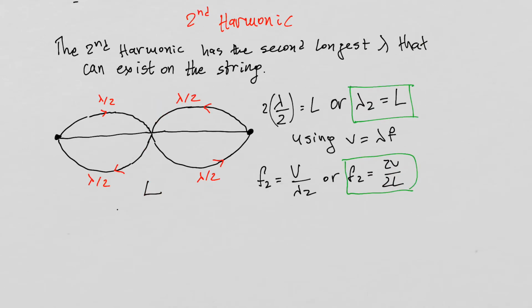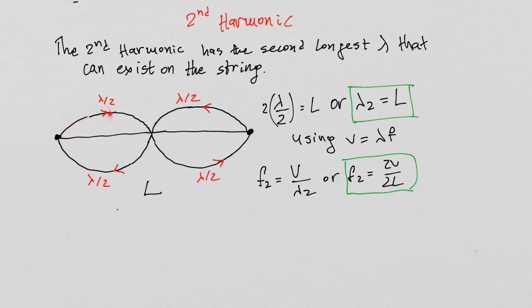The second harmonic that can be generated on the string has a wavelength that is the second longest wavelength that can exist on the string. So here is again my string. It's fixed on both ends. And now the wave that's generated on the left end is going to propagate along the string like this. Then it's going to reflect from the right end, and it's going to propagate back towards the left fixed position like so.